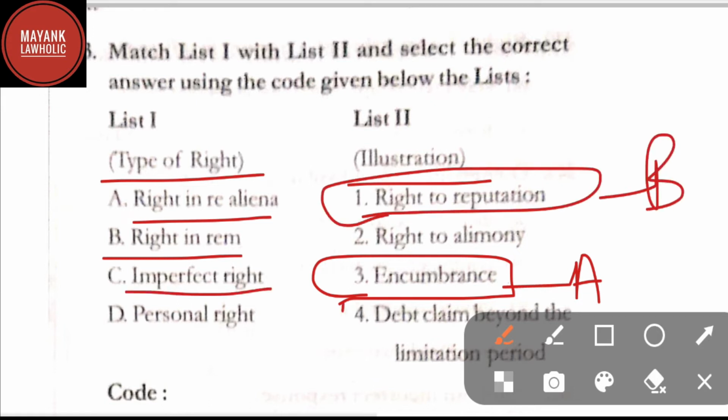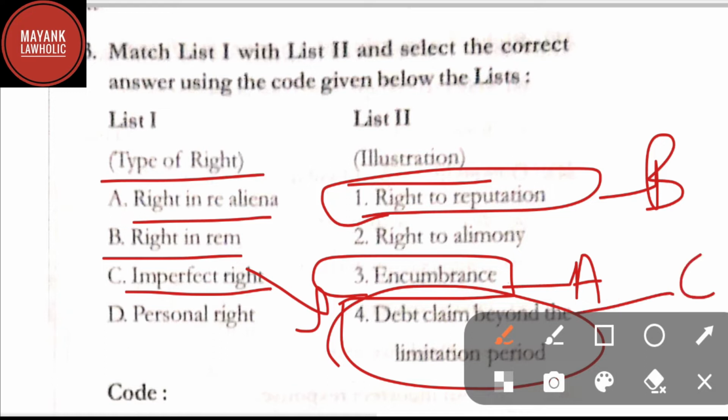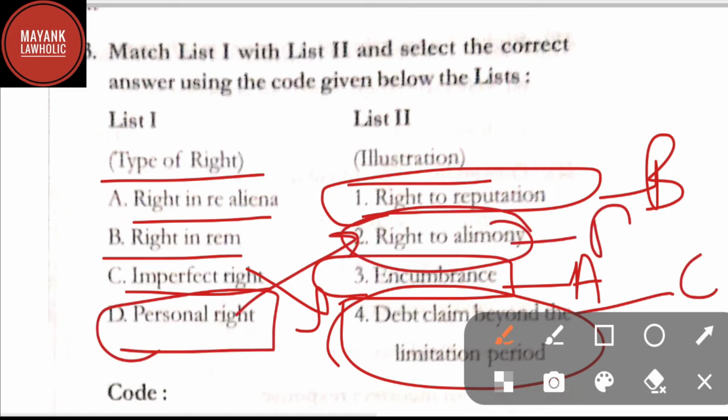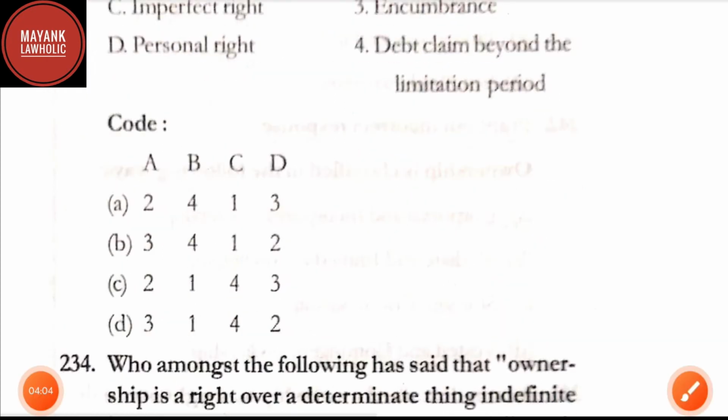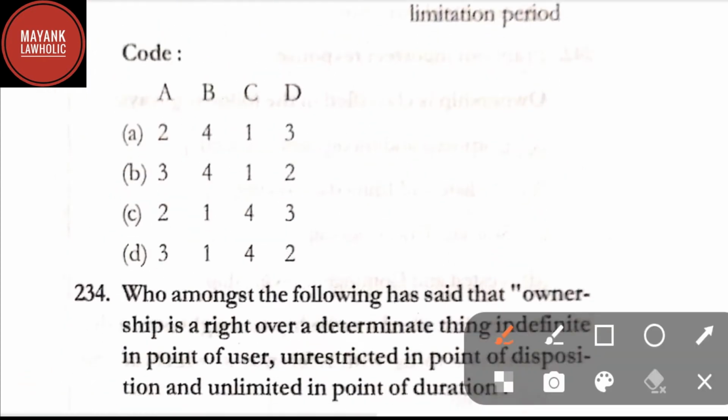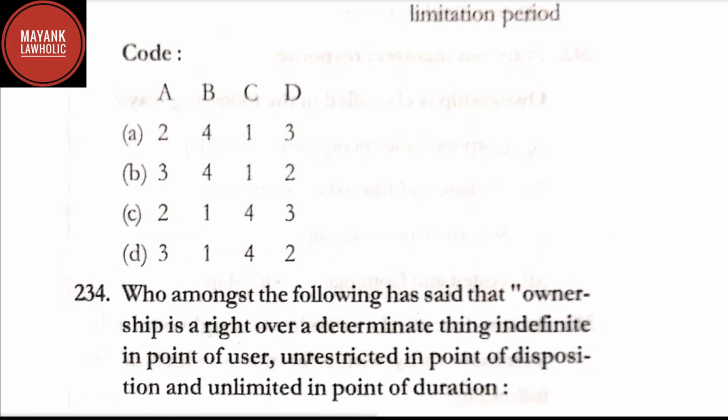Imperfect right: debt claim beyond the limitation period. And then personal right: the correct answer will be right to alimony. So by going through these matches in question number 233, the correct answer will be option D.